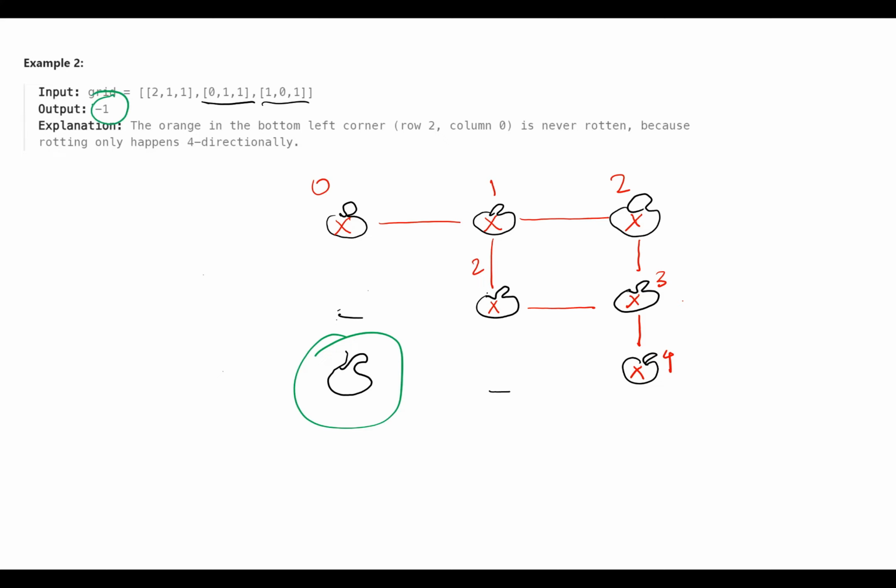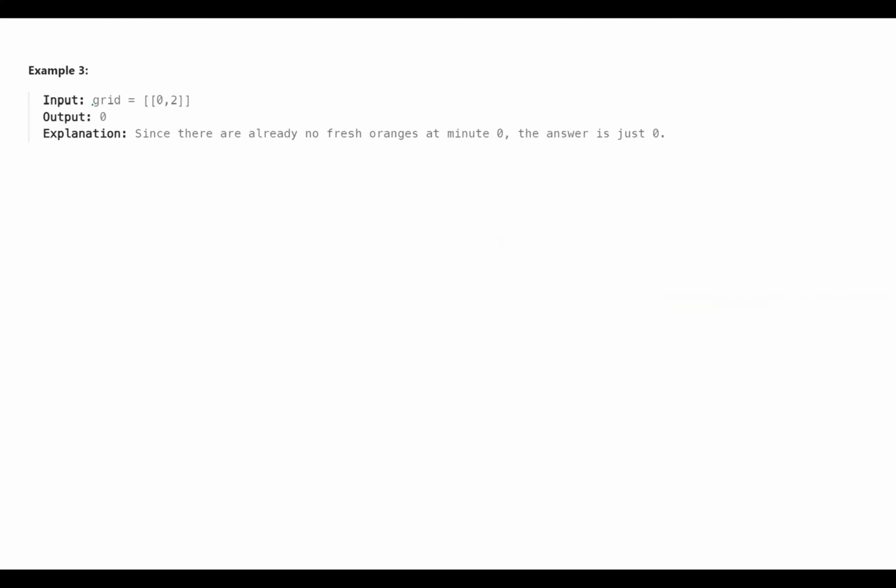Then another scenario is what if all of the oranges are already rotten? So here you can see one example. There are two values given: empty, and then there is one that is also a rotten orange.